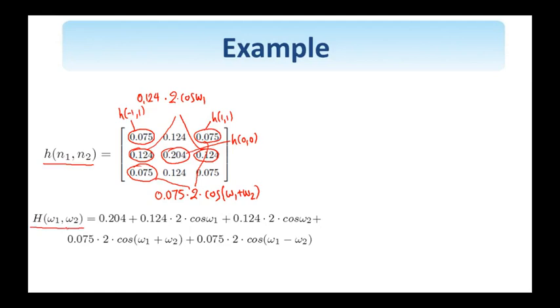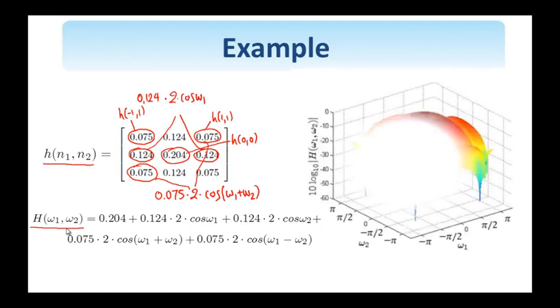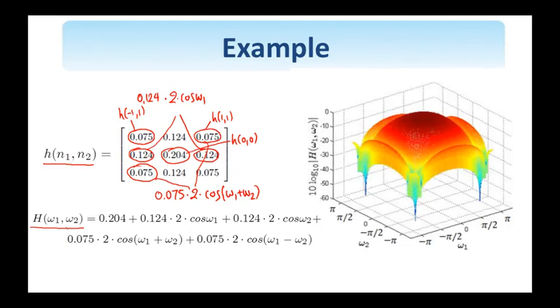It's again a real signal, which should come as no surprise because h(n1, n2) has even symmetry. If we plot the magnitude of this term, it looks like this. Here I plot on the vertical axis 10 times log base 10 of the magnitude, so one can see more clearly small values of the magnitude of the frequency response.